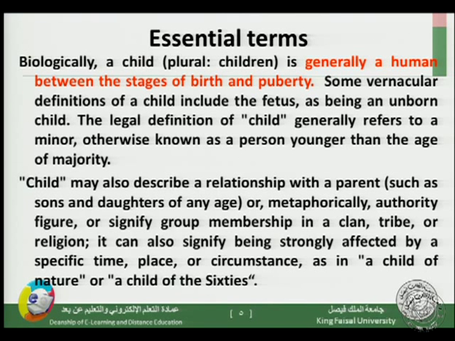I mean, it could refer to people who are 30 years old or 40 years old, the children of X and Z. But we are going to look only at this definition, a human being between the stages of birth and puberty. That's it. Just be interested in that. But I have made sure that I give you other aspects of the word itself, so you understand and be prepared.